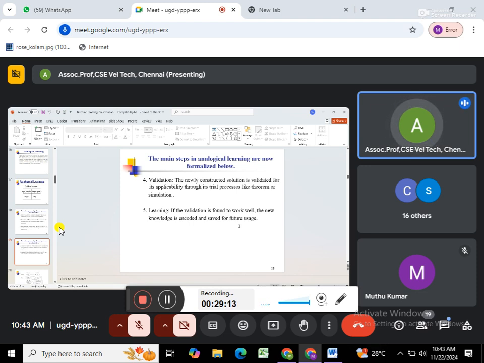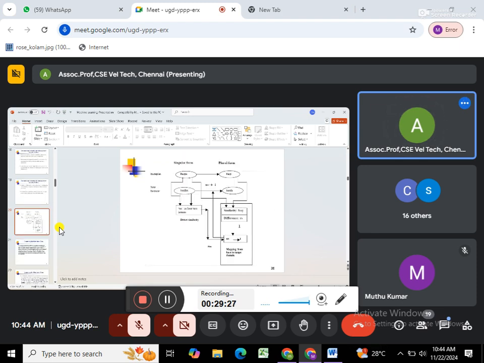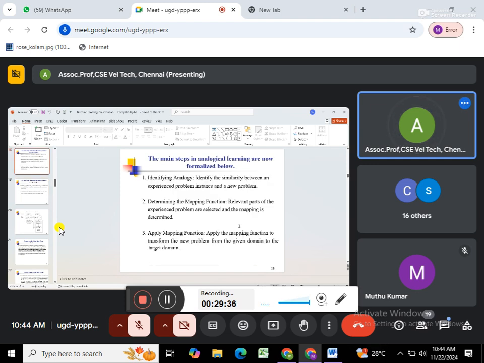While validating, we need to take into account more theorems, laws and simulation results. And if the validation is found to work well, the new knowledge is now encoded and can be saved for future usage. So I have already told you about the operations regarding the first supervised method, called analogical learning.